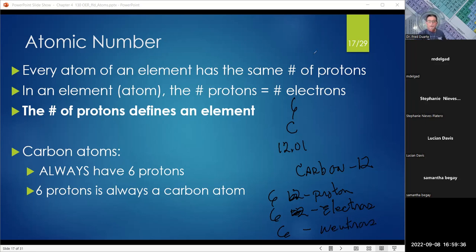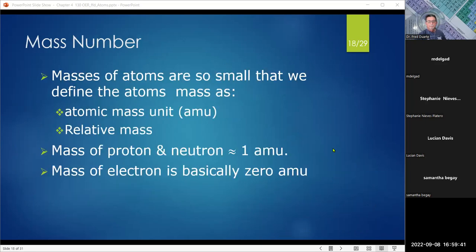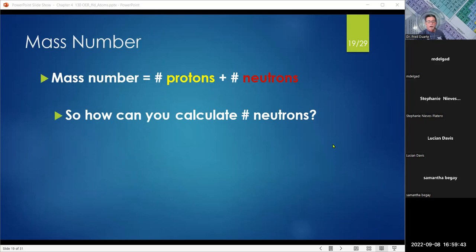Let me do some examples here. We talked about that. So how do we calculate the neutrons? So we rearrange that equation. The mass number is the number of protons plus the number of neutrons. Rearrange it, we get neutrons is equal to the mass number minus the number of protons. Okay.